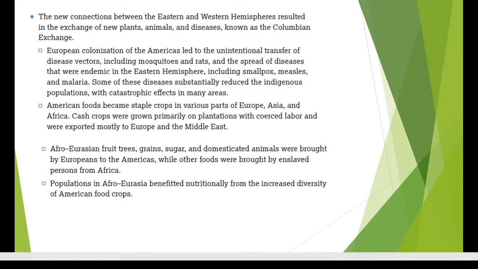It simply describes the exchange of plants, animals, and diseases between the Old World, Afro-Eurasia, and the New World, Americas.